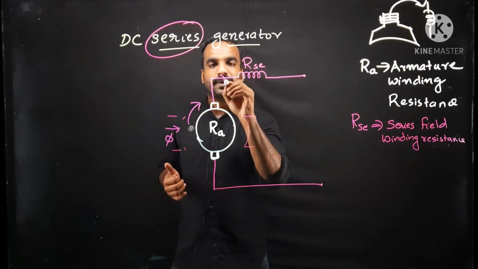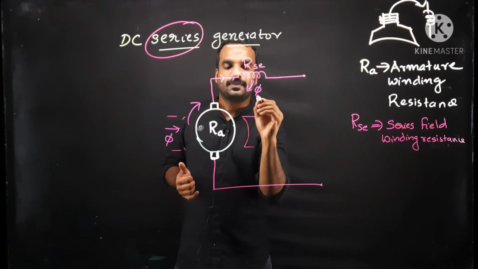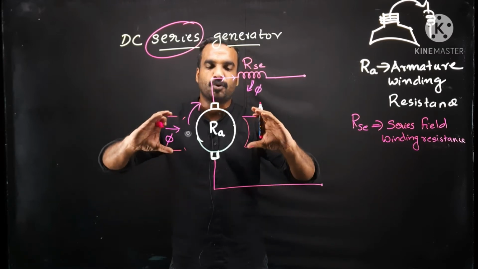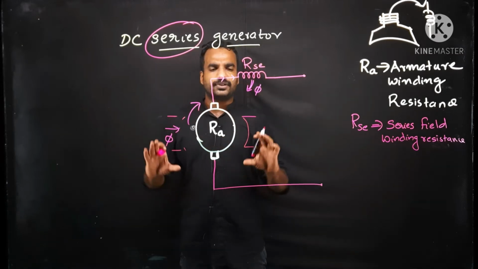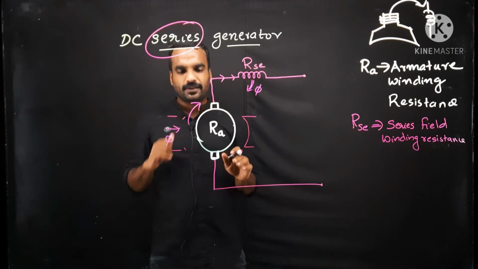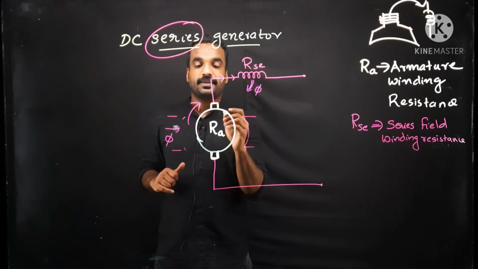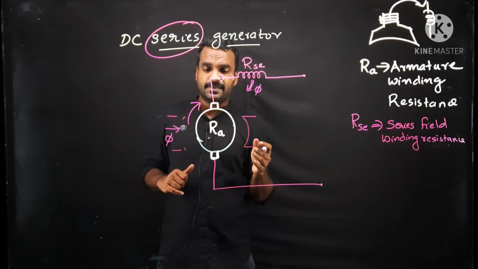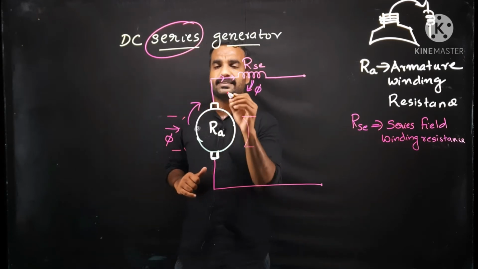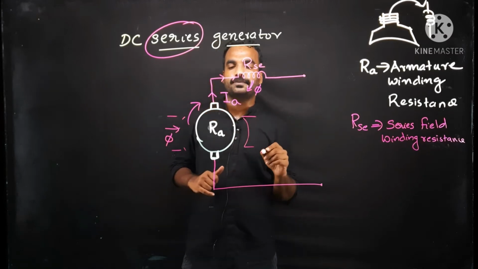Because some current will pass through this field winding, that will produce flux. So these poles will give flux. Actually, the poles' field winding is represented as a series winding. So when flux is produced and the armature windings are rotated, flux cutting happens, rate of change of flux linkage happens, so that armature current is produced.